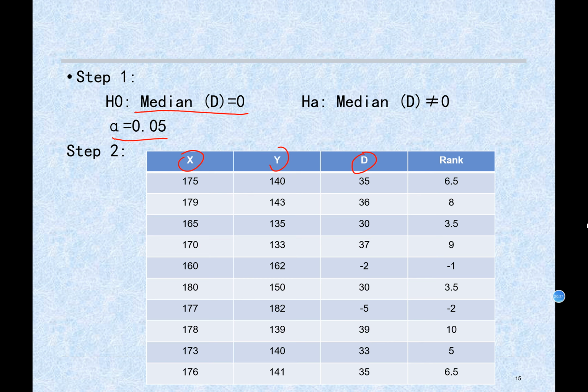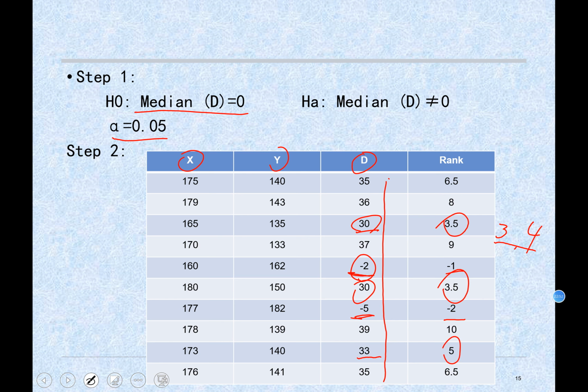So the rank of the 2 numbers is 3.5. And the next one is 33, so its rank is 5. And the next one, we have 35. 2 numbers of 35, so their ranks should be the average of 6 and 7, so that is 6.5. Okay, so now we list all the ranks for all differences.